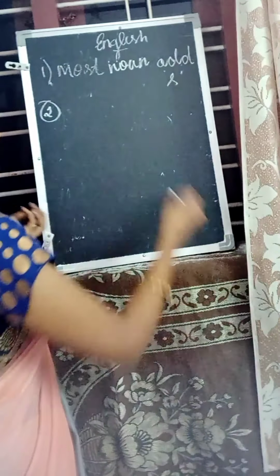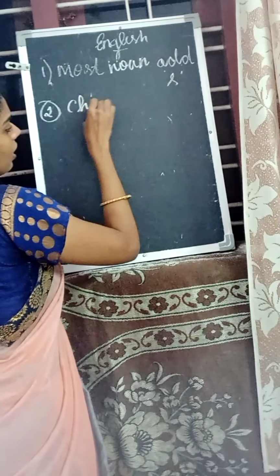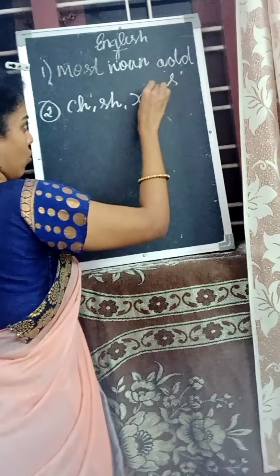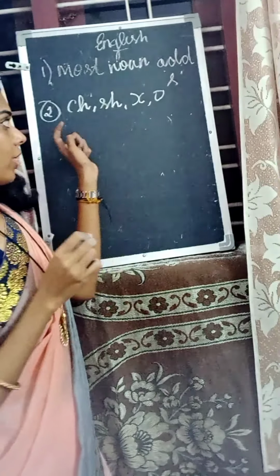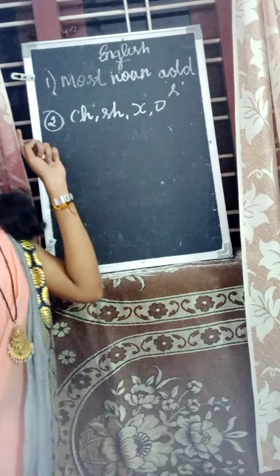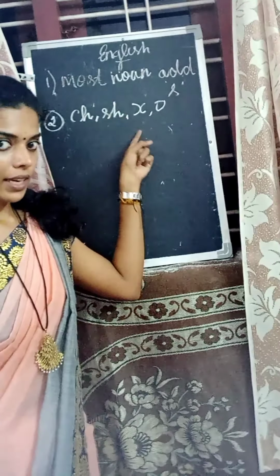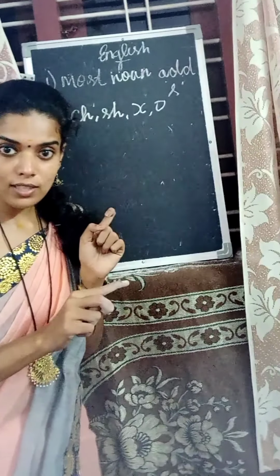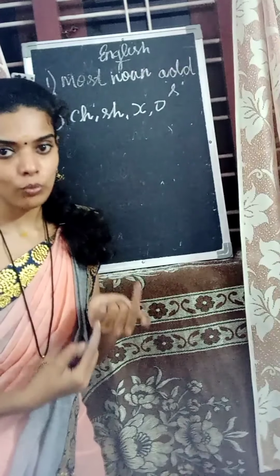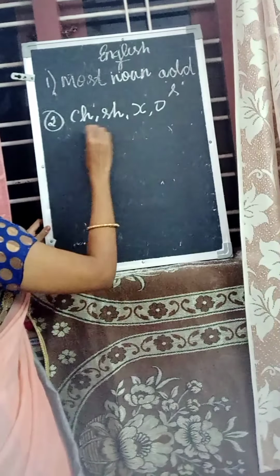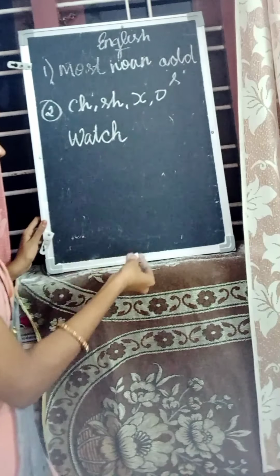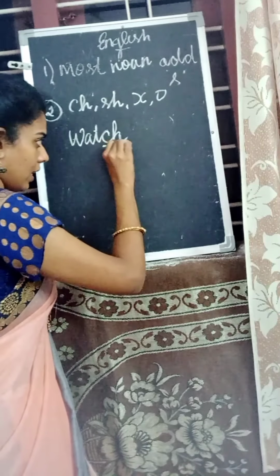The second one is, if the noun ends with CH, SH, X, O after a consonant. Consonant means the letters other than vowels. So here the noun ends with CH.